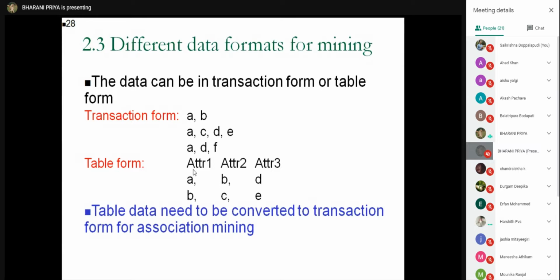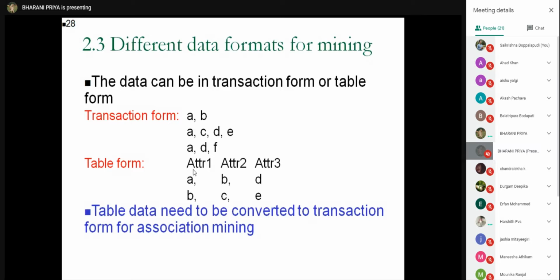I have told you from tabular to transaction; you have to take it from transaction to table. When transaction form is given, it is not mandatory that we get key value pairs. We can get only items also.